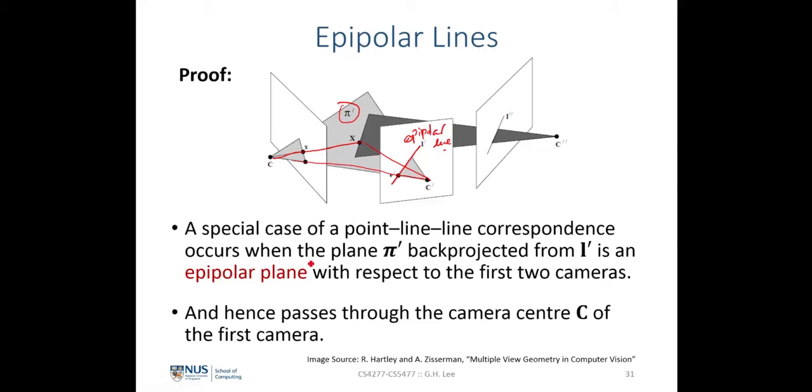We can see that this particular plane over here contains the camera centers of both C and C', the first and second view, as well as the light ray formed by the back projection of x over here. It's what we call the epipolar plane that relates the first and second view.